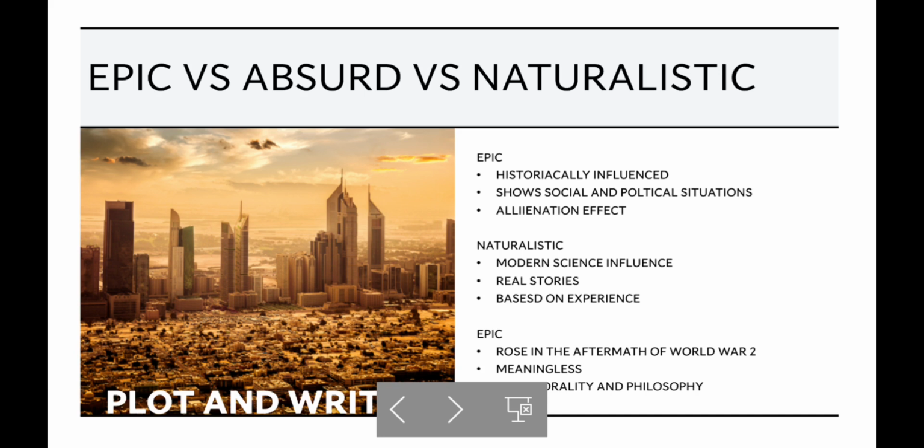Brecht used a technique called the alienation effect to keep his audience detached emotionally from the characters in the play itself. Brecht himself was influenced by Marxist beliefs and Asian theatre styles. The political messages of his plays strongly enforced the need for action in society by the audience.